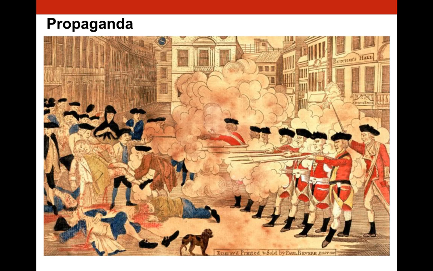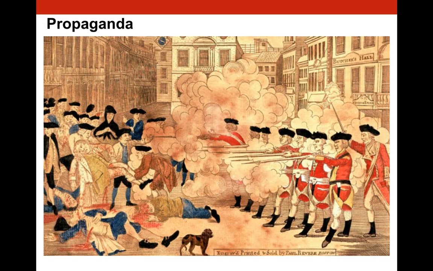But this picture, The Bloody Massacre on King Street, or the Boston Massacre, was engraved by Paul Revere, who is a Patriot, who is also a Son of Liberty. And this is not a live snapshot of the event. This is Paul Revere creating an image of the Boston Massacre, but doing it in a very strategic way.